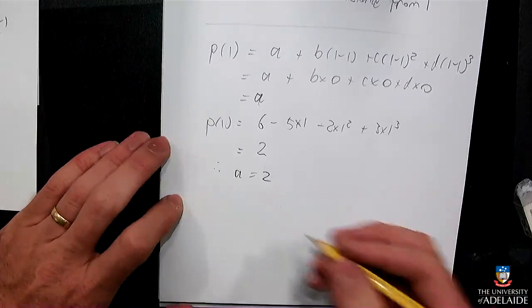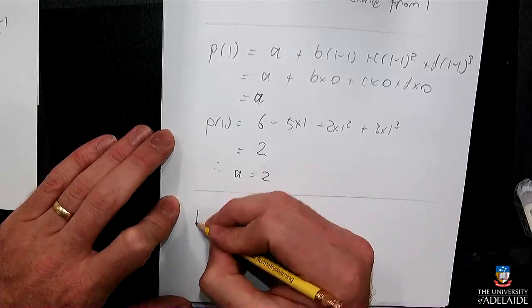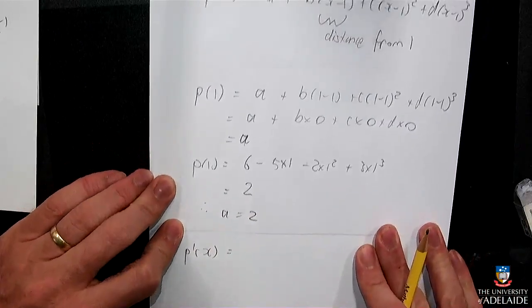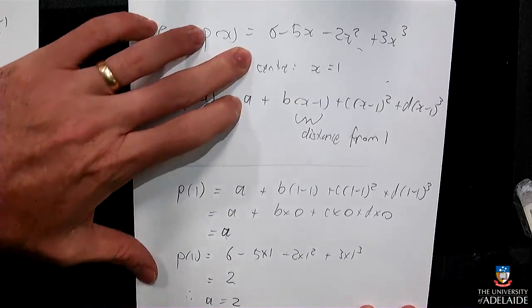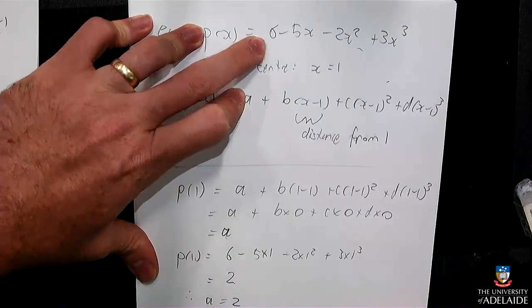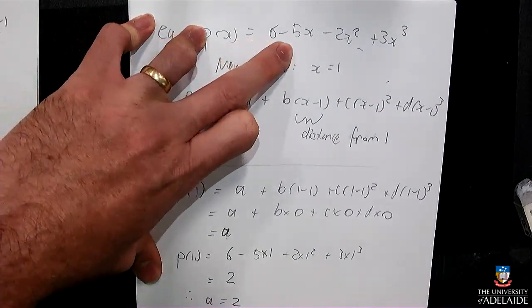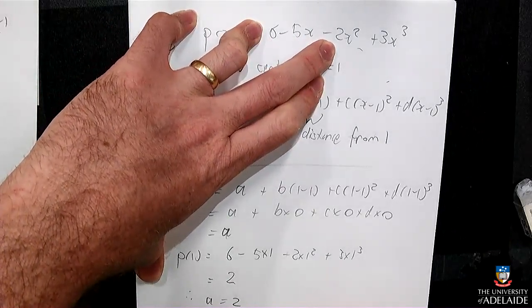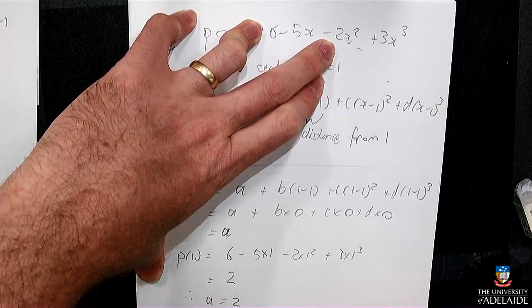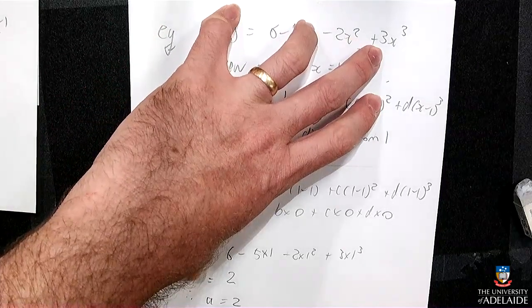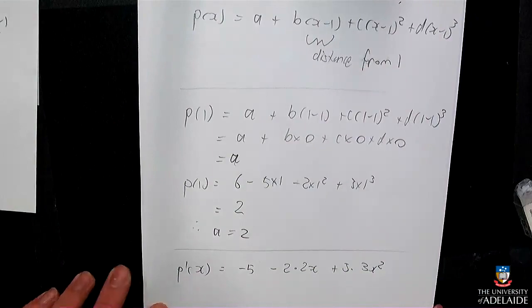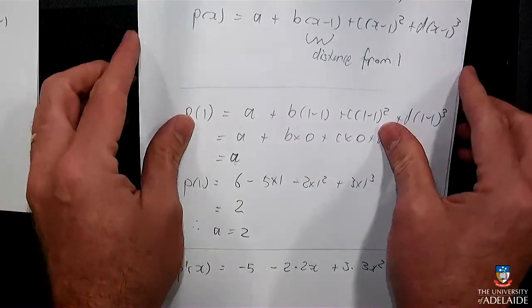Well, let's use derivatives the same way we did before. P dashed, according to the original function. The 6 is gone. Minus 5x will become a minus 5. Minus 2 times 2x plus 3 times 3x squared, like that.